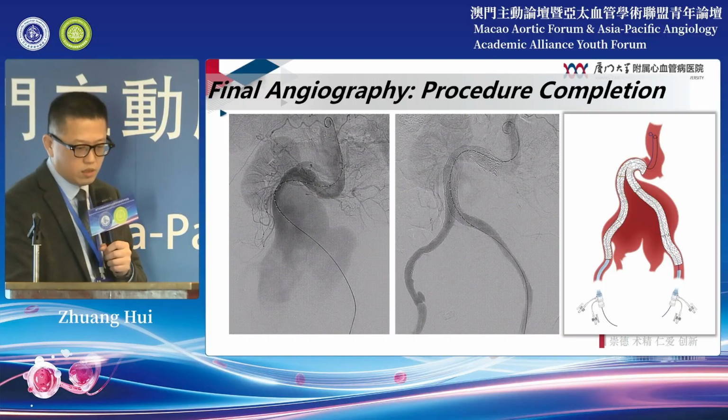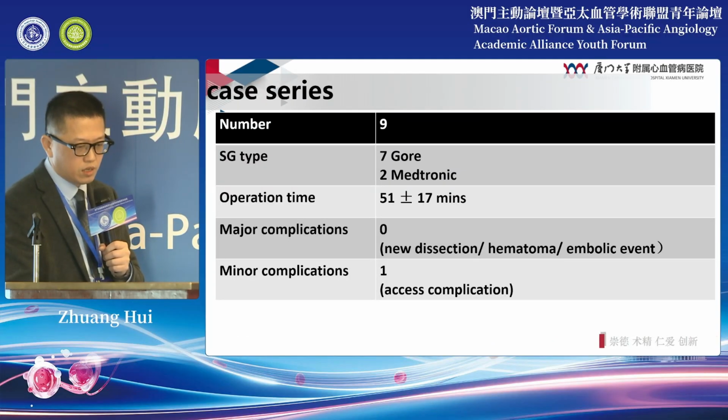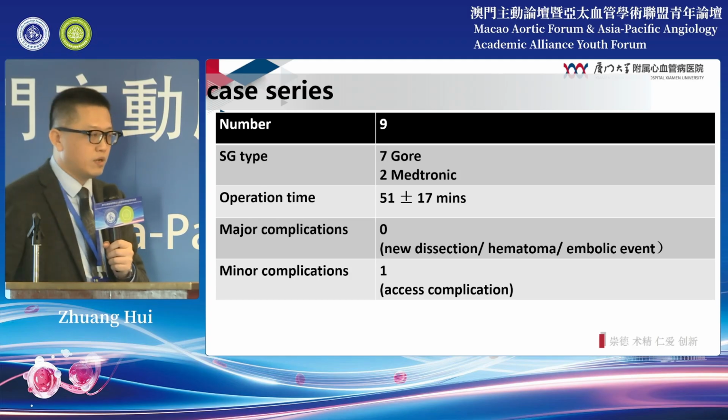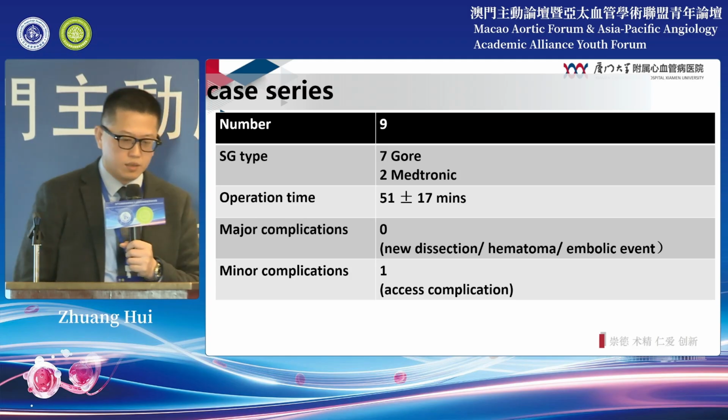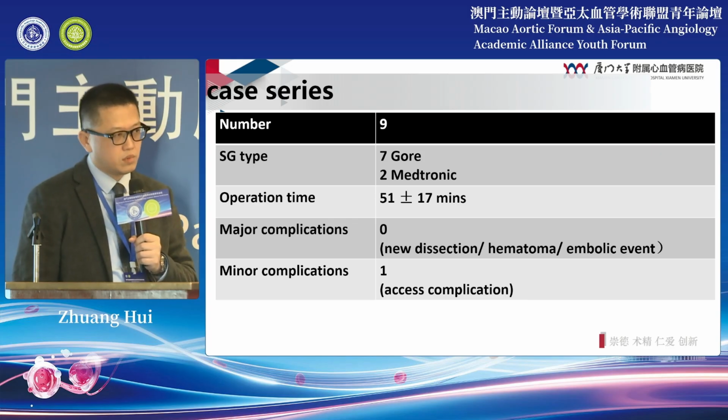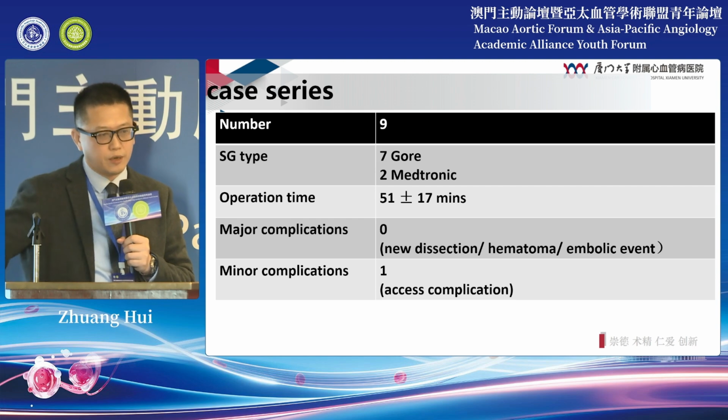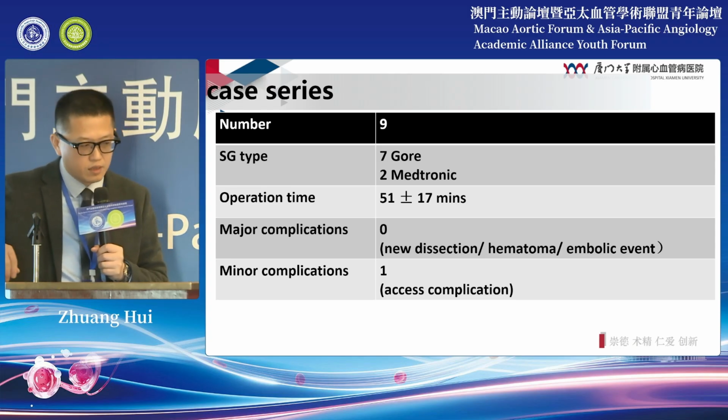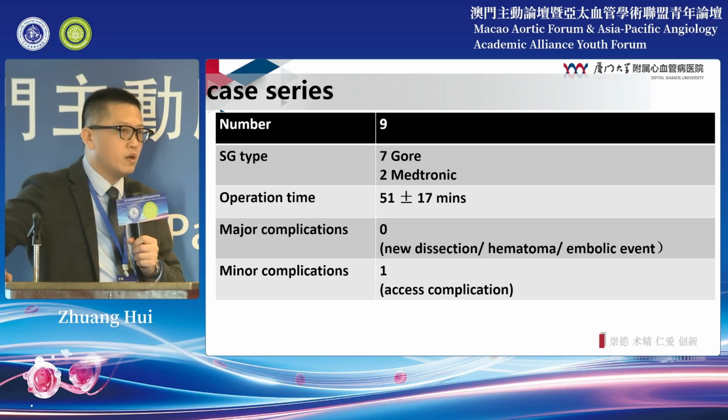And with these techniques, we have done 9 cases, just ending our follow-up last year. And 7 cases were with the gold one, I think it was first from the C3, and this stent graft was the older one. But we know we have better stent grafts from Gore, like the Conformable.